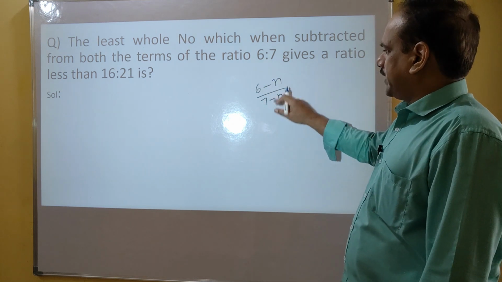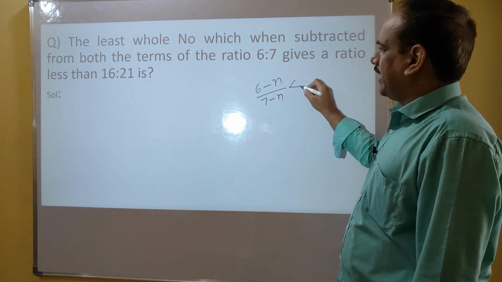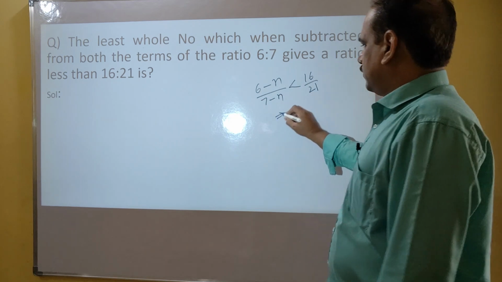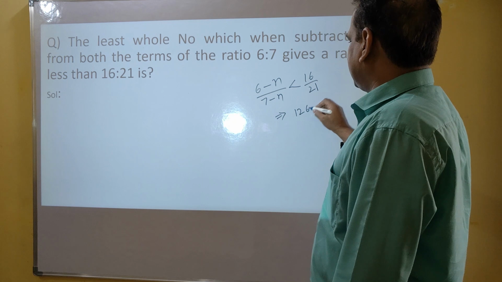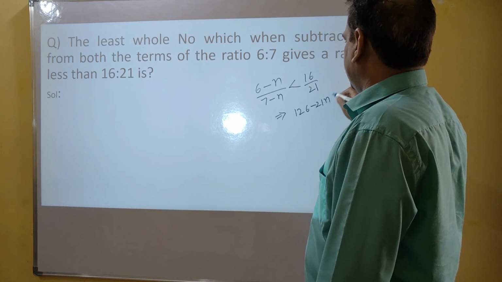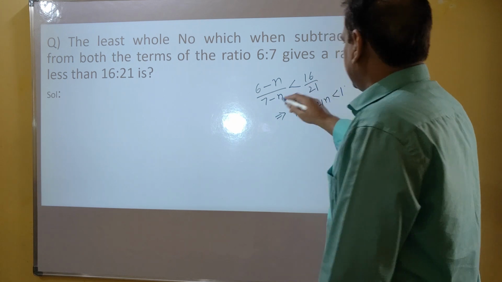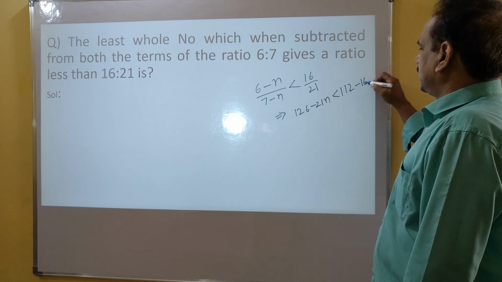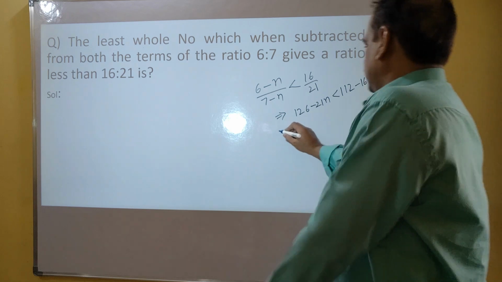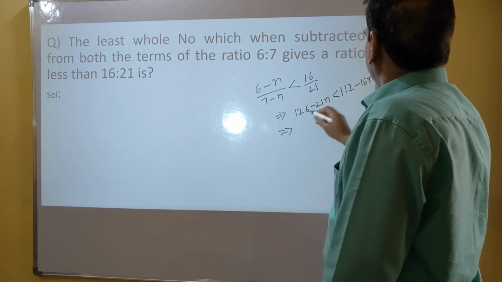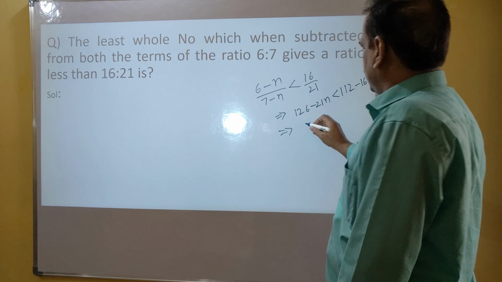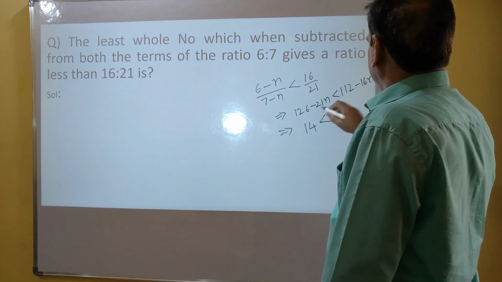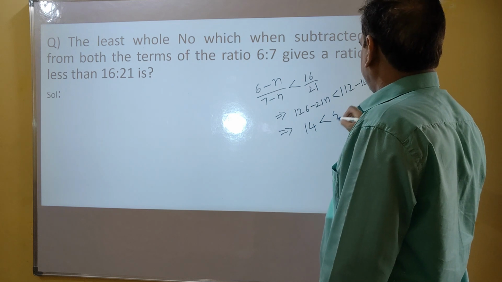So when it is subtracted, the new ratio is less than 16 by 21. So this implies it is 126 minus 21n less than 16 into 7, 112 minus 16n. So this implies 126 minus 112, 14, less than 21 minus 16, it is 5n.